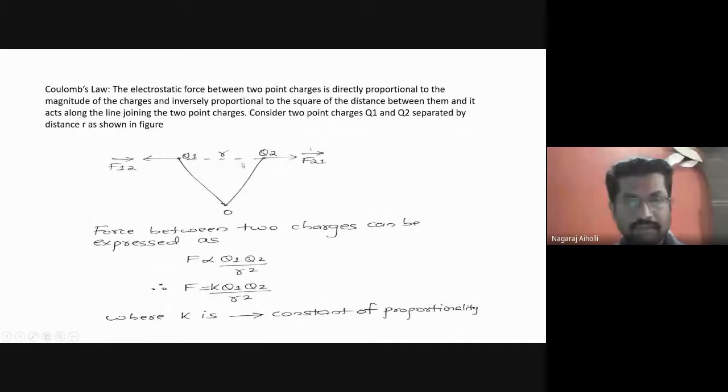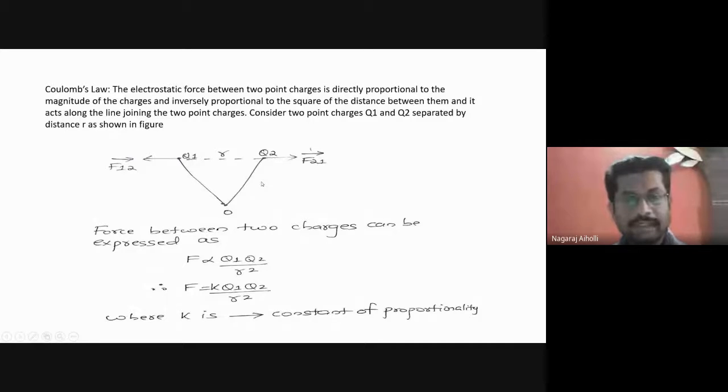This is the origin. From the origin, q1 is at a distance, say r1, and the distance of the charge q2 is, say, r2.